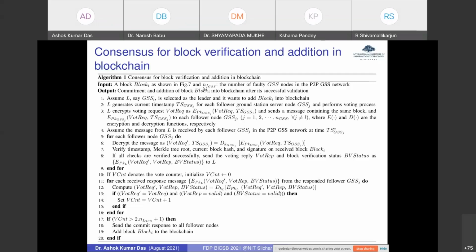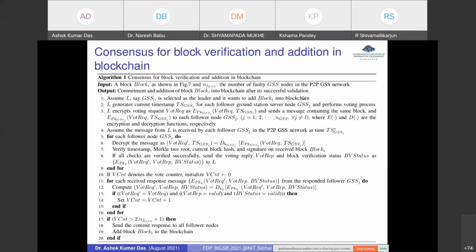Out of the n nodes, let us assume that nf GSS is the number of faulty GSS nodes in the network. Faulty means that it could be power failed, malfunctioning, or a corrupted node. The output will be the commitment and addition of the block in the blockchain after its successful validation.